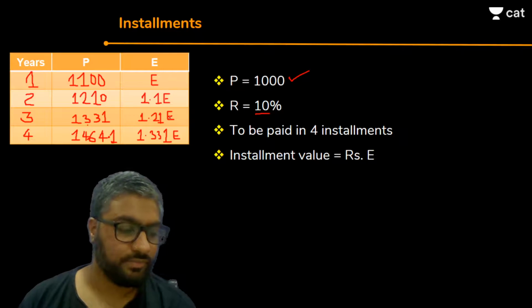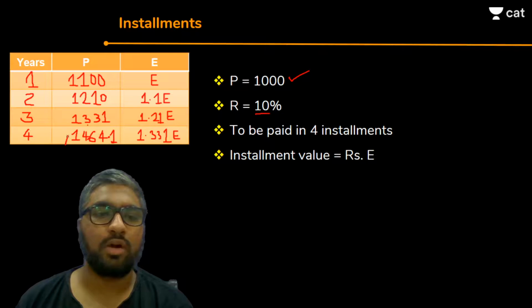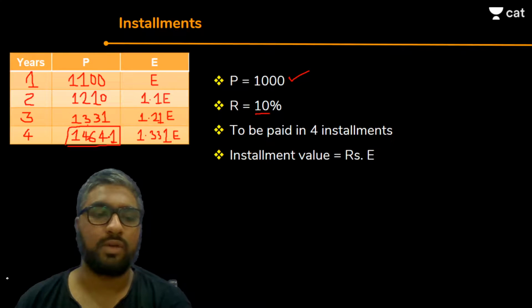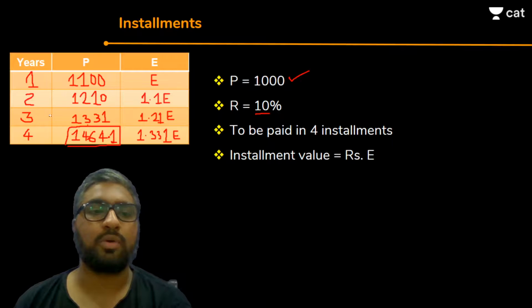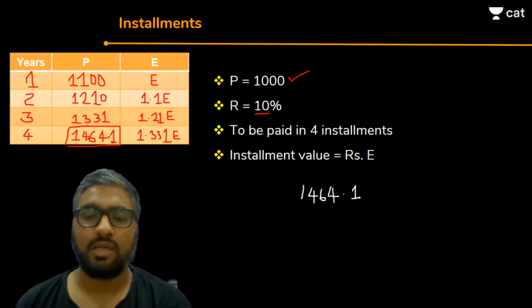Got it? So now what happens? You actually owe me how much? 1,464 for the 4 years. That's nothing but the compound interest for 4 years. Compound interest would be what? 1.1 into 1.1. Now you owe me how much? 1,464.1 rupees.